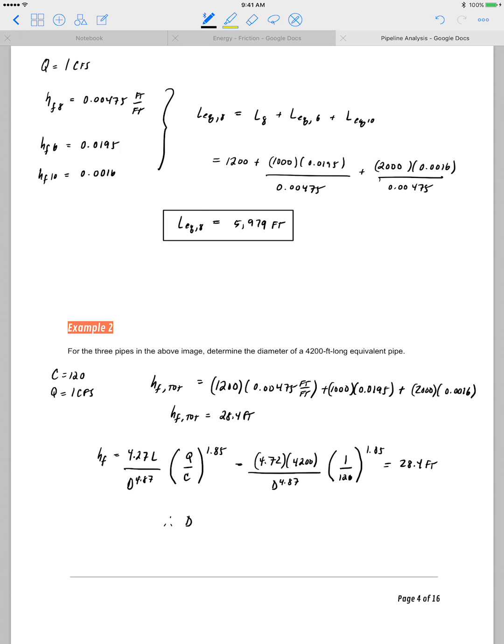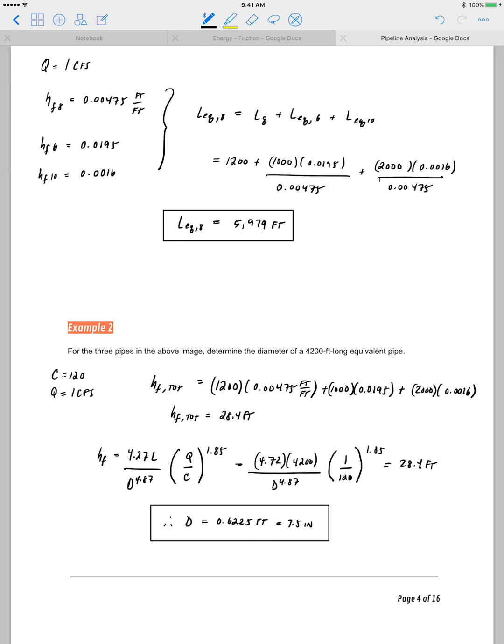Therefore, D is equal to 0.6225 foot, or 7.5 inches. And that is the answer.